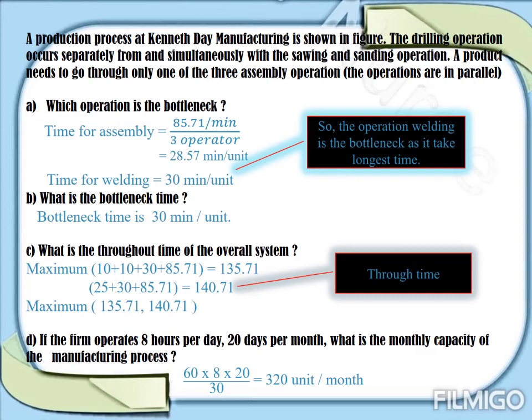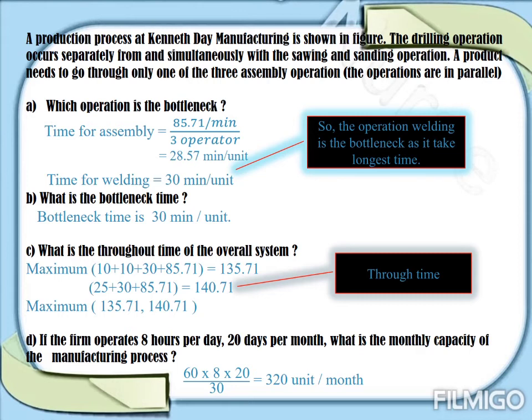We only have to add one assembly in one process. So we divide 85.71 minutes by the 3 operators, which gives us 28.57 minutes per unit for each assembly process.